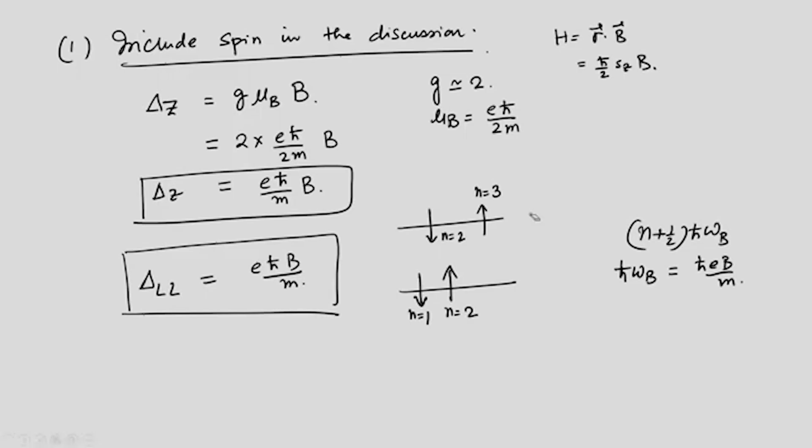But you see that this is trivial: it's just that the nth level of one kind of spin coincides with the n plus 1th level of the other kind of spin. However, this is really a back of the envelope calculation. It doesn't happen. For example, in gallium arsenide, when these spins are taken into account, the Zeeman energy, that is delta Z, is typically 70 times smaller than the Landau level energies.